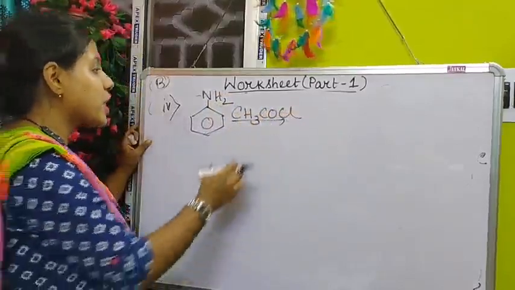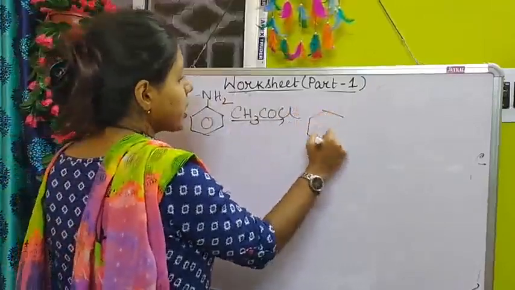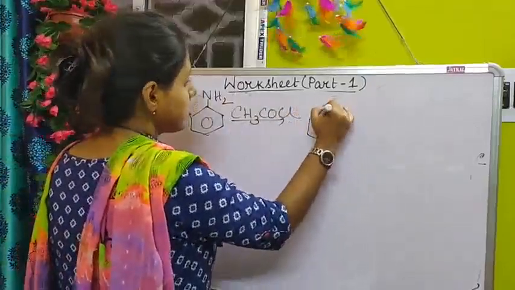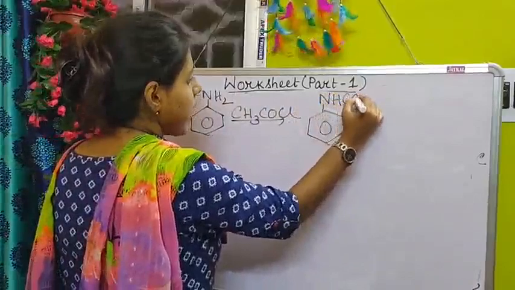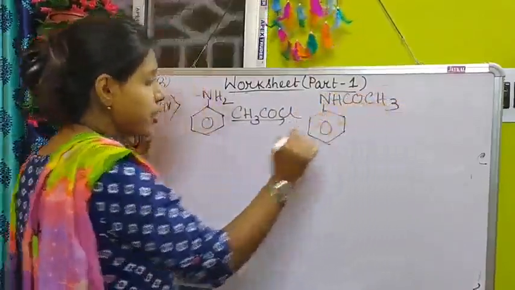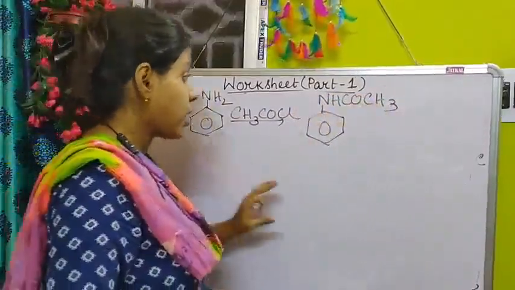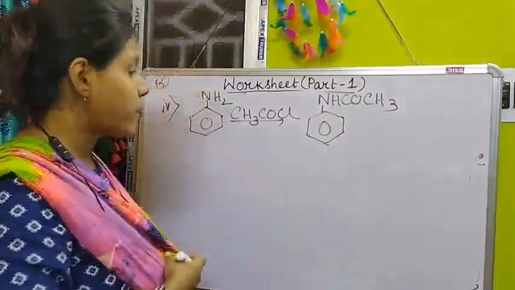So what will be the reaction? There will be the addition of the COCH3 group. So here you can observe NHCOCH3. Okay, acetanilide will be formed from here.